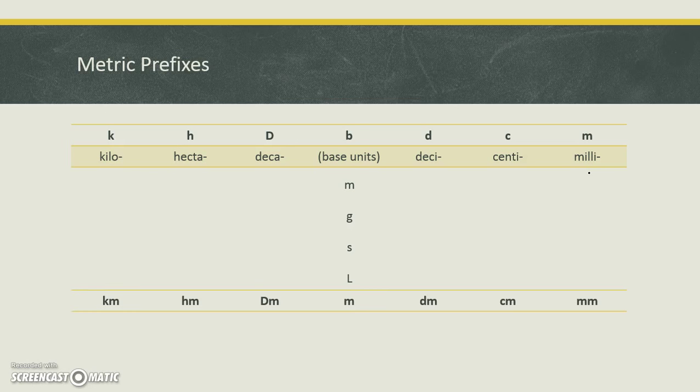So, for example, if we had meters as our base unit, we would have kilometers, hectometers, decameters, decimeters, centimeters, and millimeters. Make sure if it's two lowercase m's, it's under millimeter. If it's one lowercase m, it's just a meter, and it's by itself, so it's a base unit.